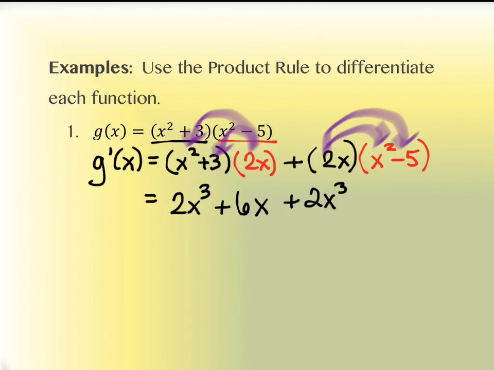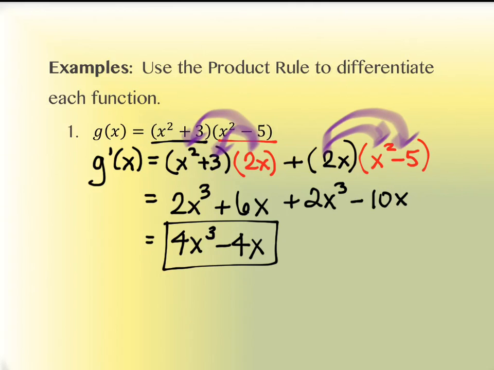And 2x times negative 5 to give me negative 10x. And then we can combine like terms. So what would we get for our final answer on this one? 4x cubed minus 4x. Perfect. Good job. So that's what you're going to be doing on your homework, is getting to the point where it's all cleaned up and simplified.